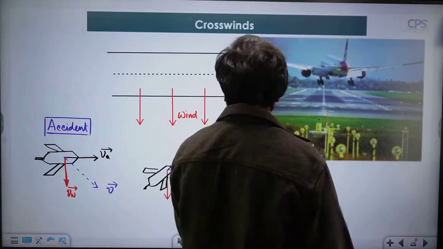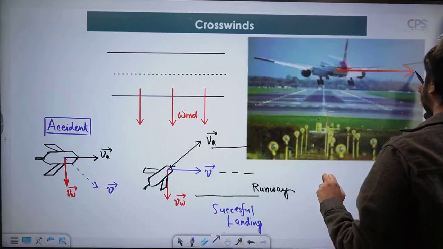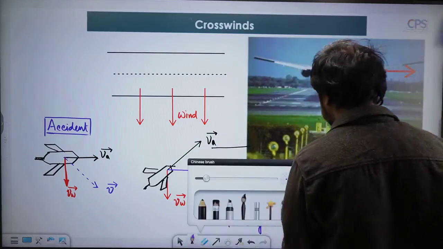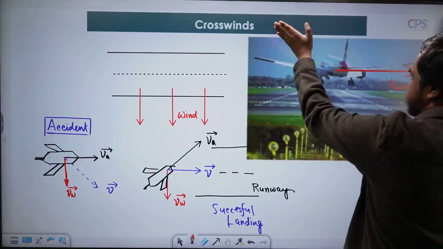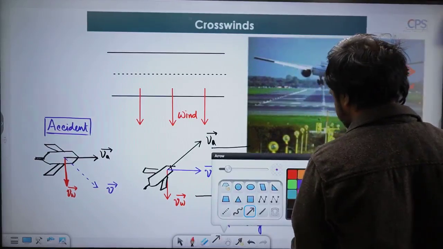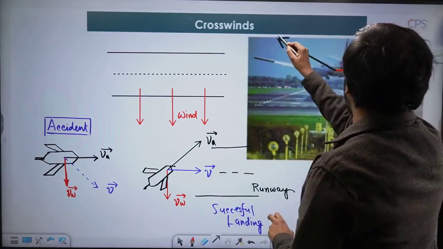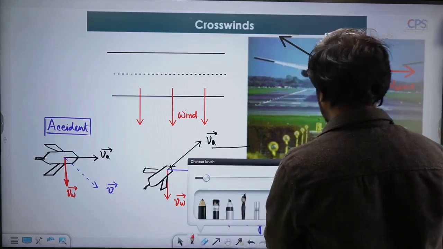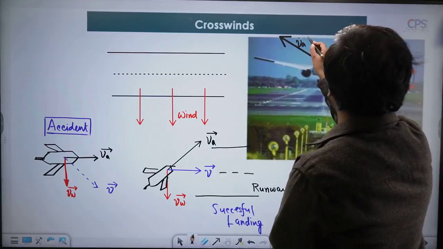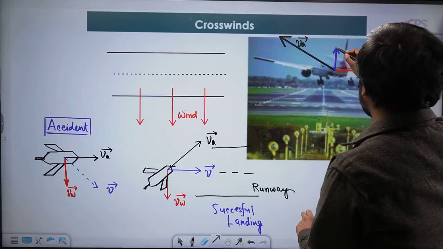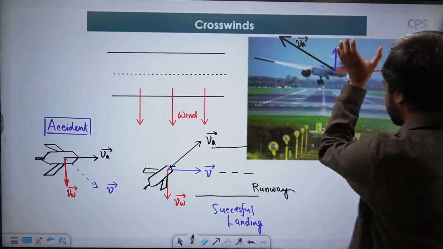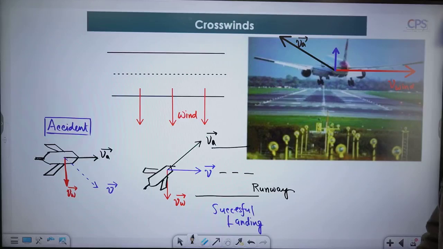And where is the wind? See, wind is in this direction. So this is the direction of the wind. The aircraft is heading this way. This is the direction of the aircraft heading. So where will it go? It will just follow this path, just go through this resultant.